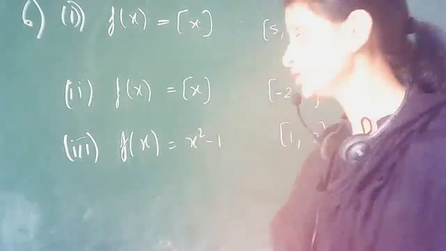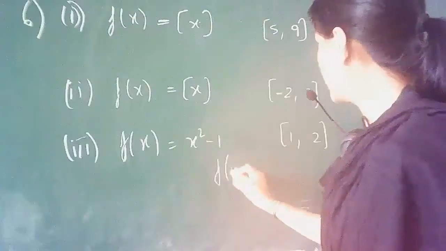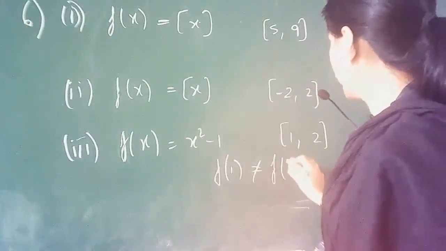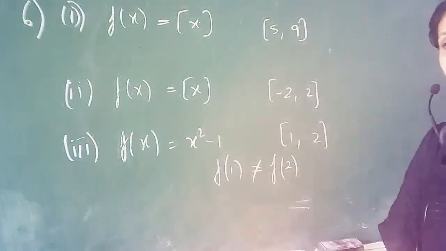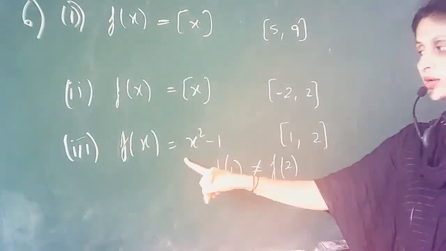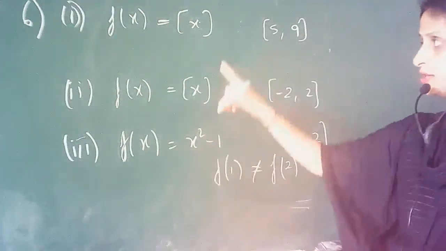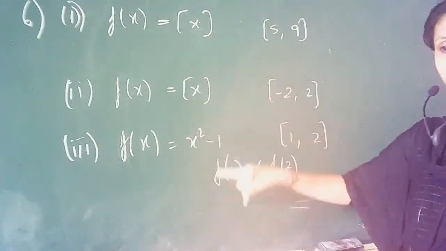What was the third condition? F of 1 equal to f of 4. Here you can observe f of 1 is not equal to f of 2. So the third function is also not applicable for Rolle's theorem. So Rolle's theorem is not applicable for all these three functions.